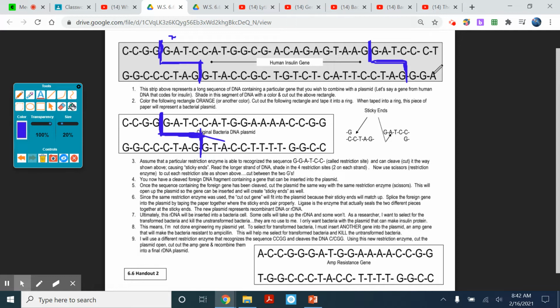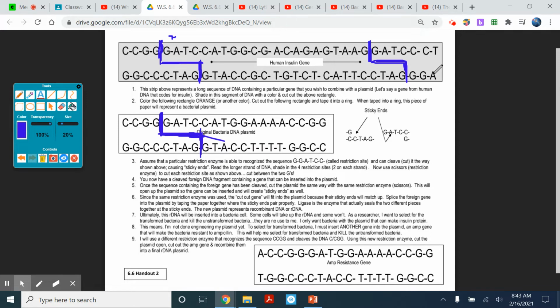I want you to write rDNA. This is what we call recombinant DNA, because it's a combination of two pieces of DNA from two different organisms. So rDNA is DNA from two different species. Make sure you understand what rDNA is, okay?